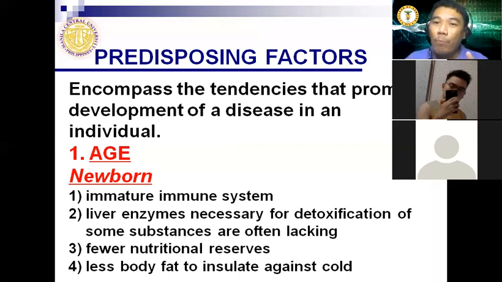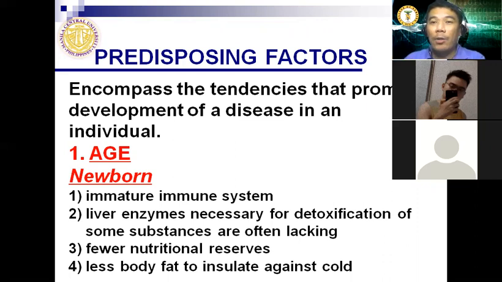Another, why are most newborns high risk for jaundice? Why are they being exposed to sun? It's because of the same answer. Liver enzymes necessary for detoxification are often lacking. That is when it comes to the control of the bilirubin. Since these liver enzymes are lacking, there is uncontrolled production of bilirubin.